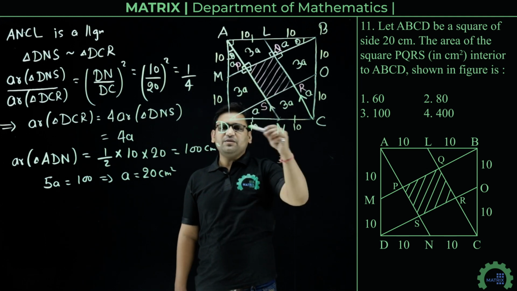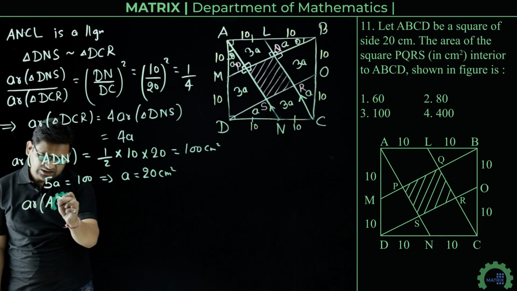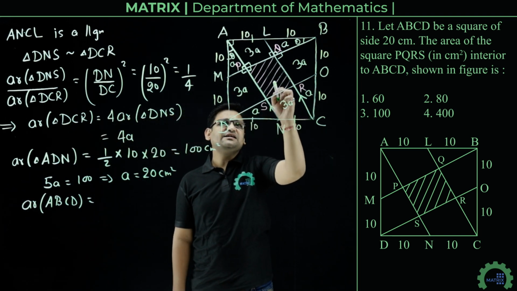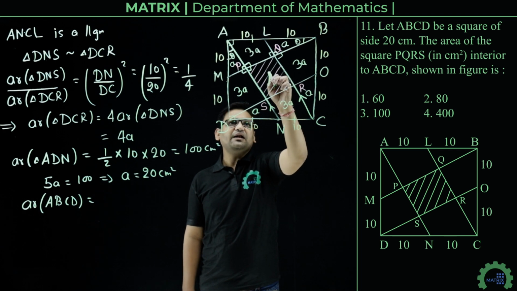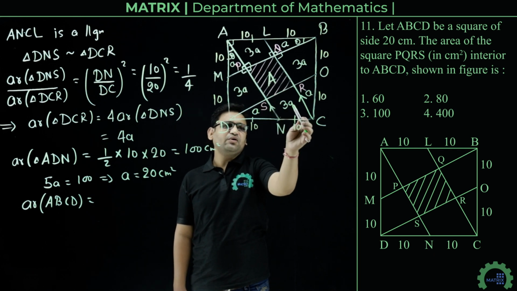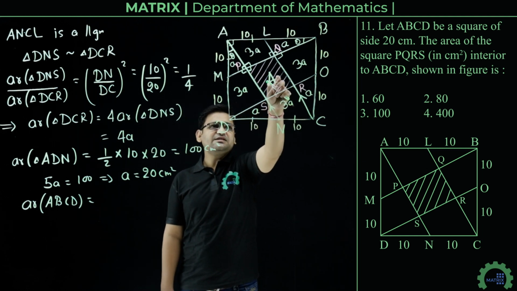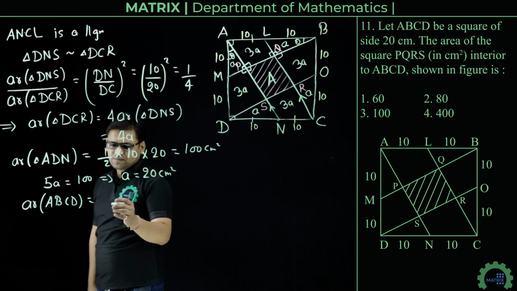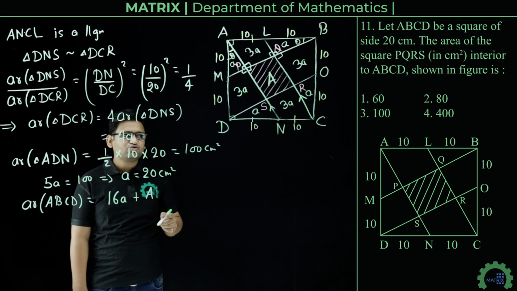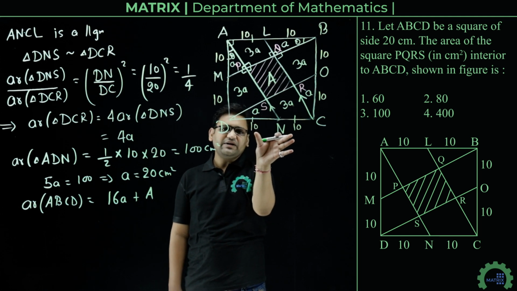Now area of square ABCD will be equal to the sum of all these areas plus, let's say, the area of PQRS is capital A. So A plus 3A, that is 4A, plus 4A is 8A, plus 4A is 12A, plus 4A is 16A. So 16A plus capital A will be equal to the area of this square ABCD, which is side square, that is 20 square.